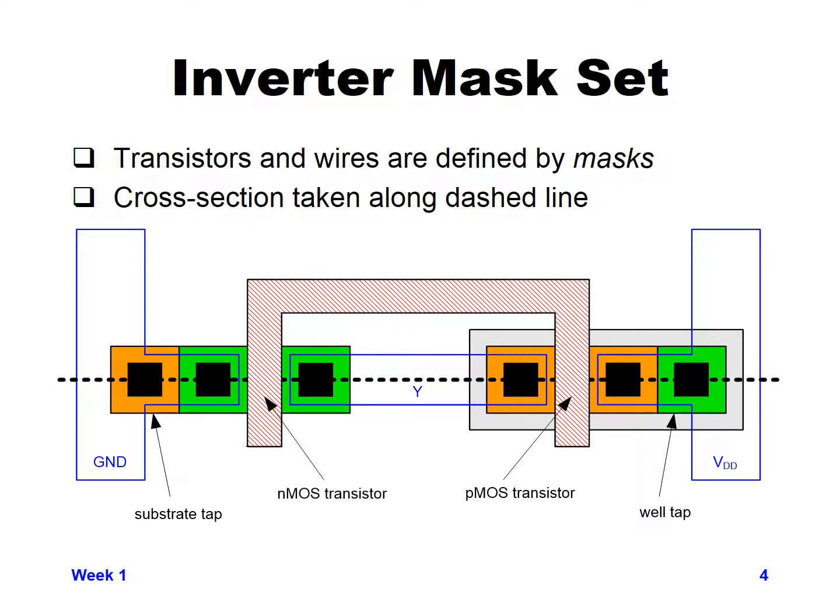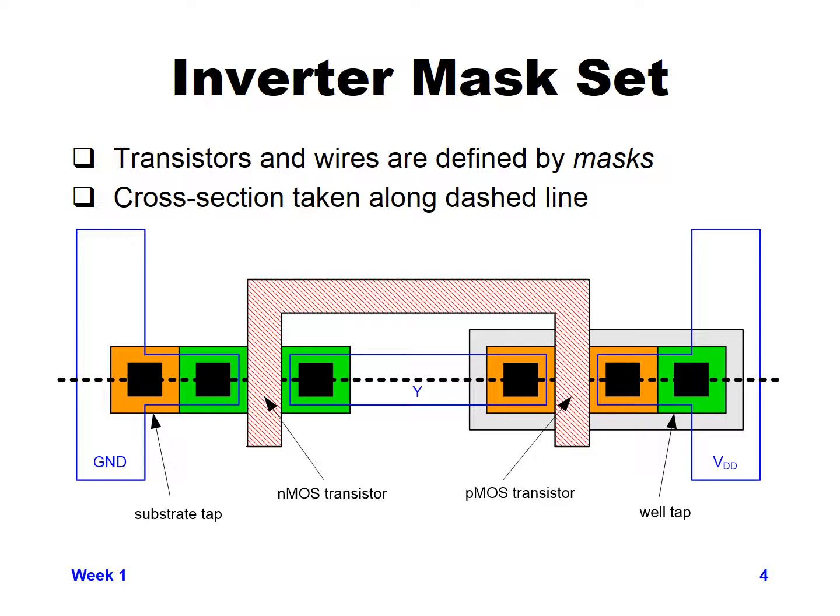So now that we've gone through what the cross-section of our inverter structure looks like, let's look a little bit at how we would go about actually fabricating something that has that structure.